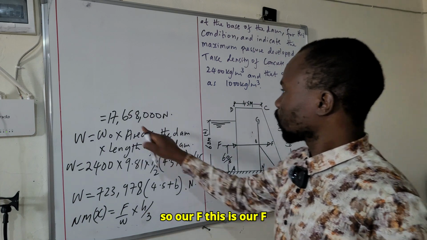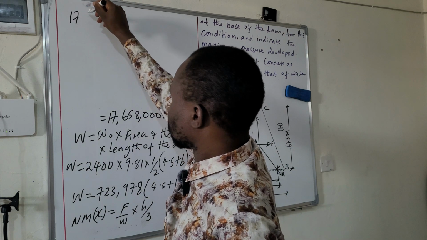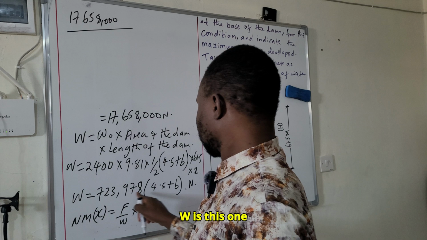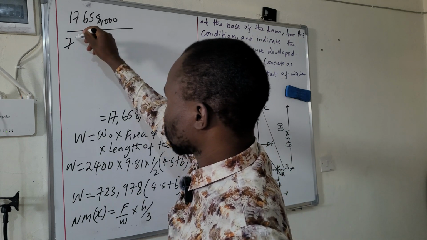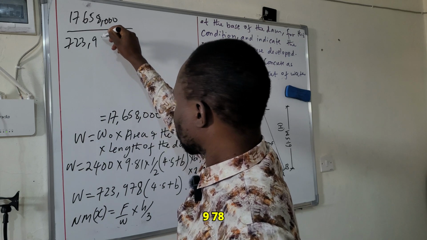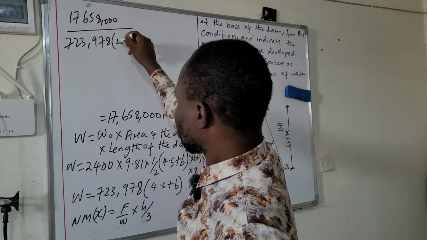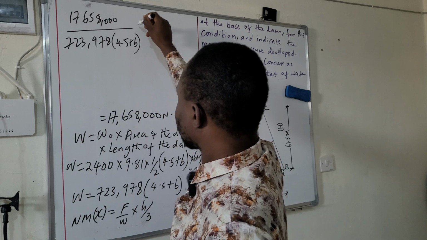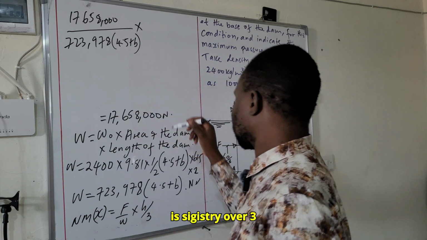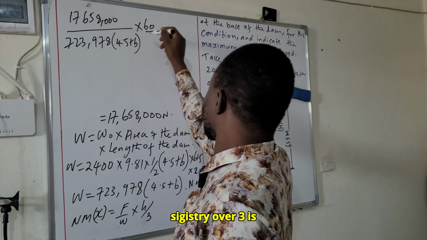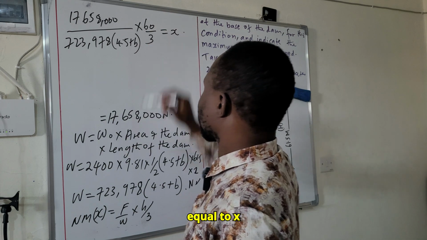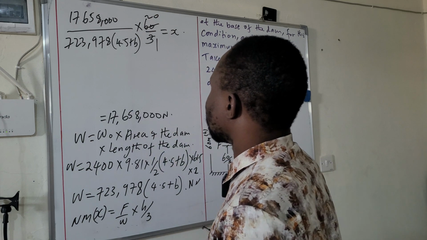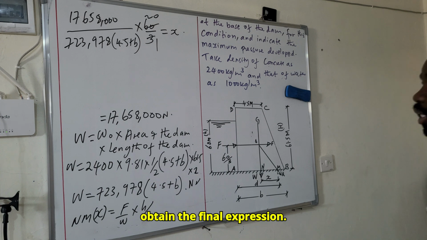So our F, this is our F, 17,658,000 over W is this one, 723,978, 4.5 plus B, times H is 60 over 3. 60 over 3 is equal to X. So let's punch our calculator and obtain the final expression.